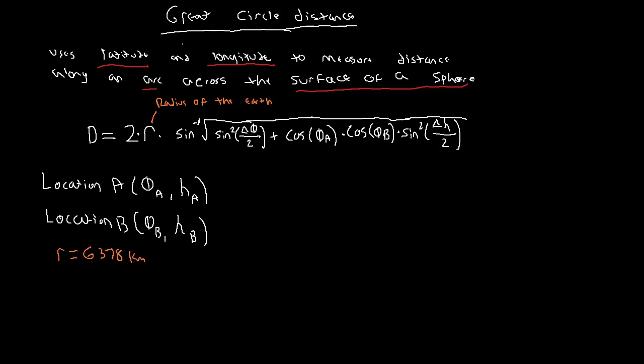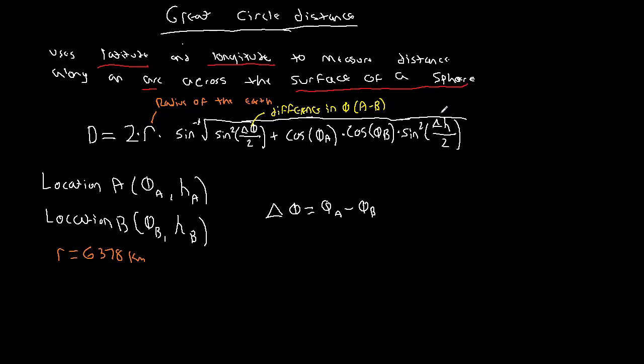Next up, we have this delta phi, which is the difference in phi, or the words a minus b. And let's go ahead and actually define that as its own equation just to separate out some of the stuff here, right? So delta phi is going to be equal to phi a minus phi b.